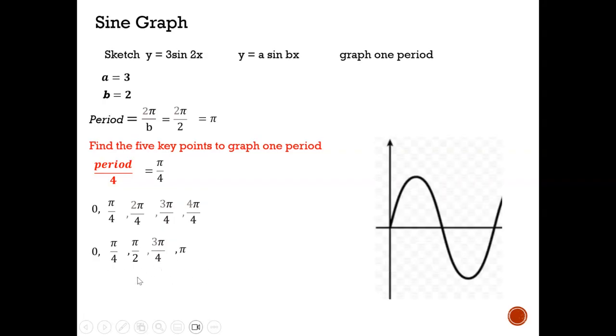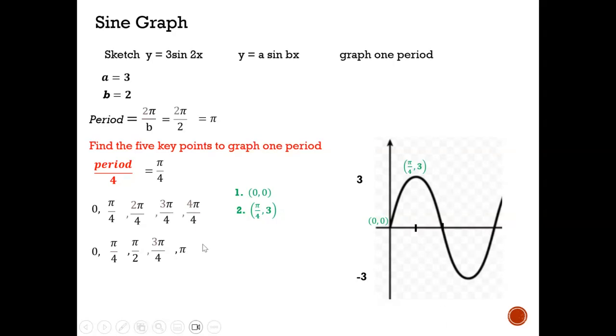Now, again, my amplitude is going to be from negative 3 to 3. So let's say this is negative 3 at the bottom, and that's 3. My first point is 0, 0, which will be right here at the corner. My second point is pi over 4, 3.